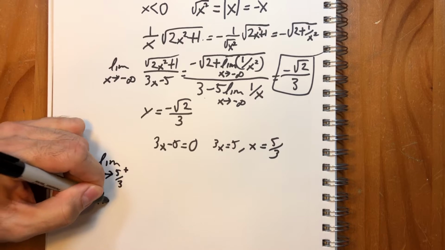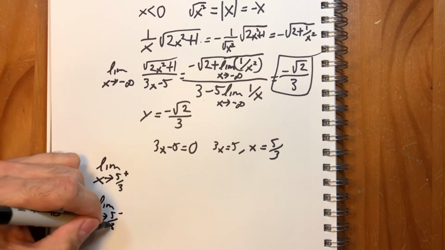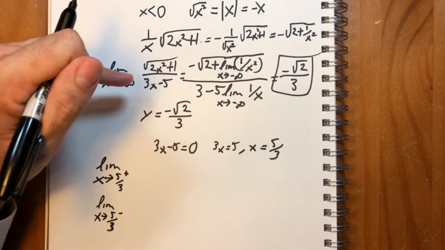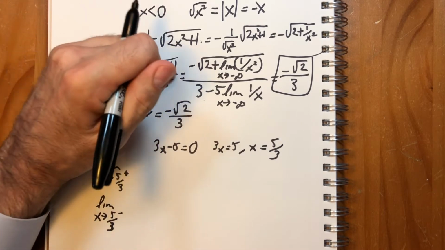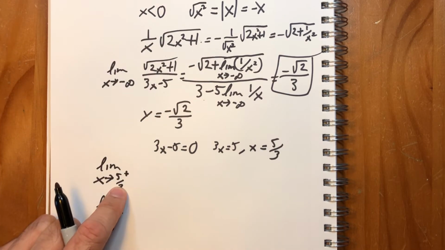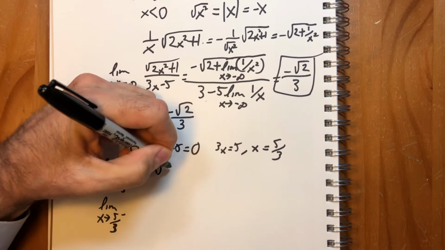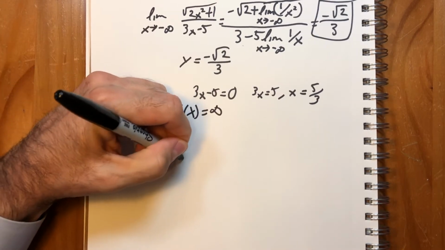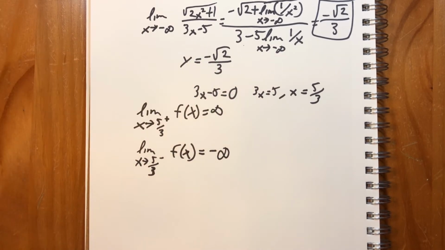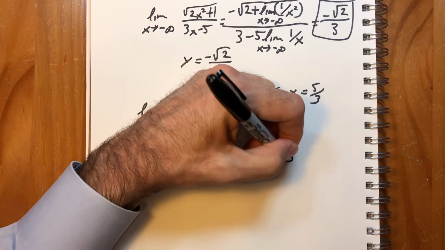As x approaches 5 over 3 from the left, the denominator is negative, so the whole function will be negative and goes down in the other direction. So the limit as we approach 5 over 3 from the right of f of x equals infinity, and the limit from the left equals minus infinity. So there's a vertical asymptote at x equals 5 over 3.